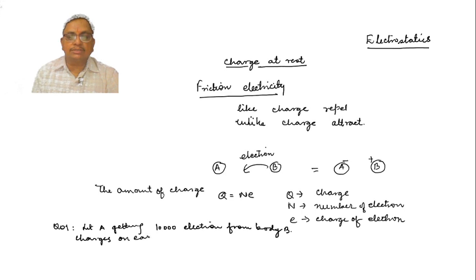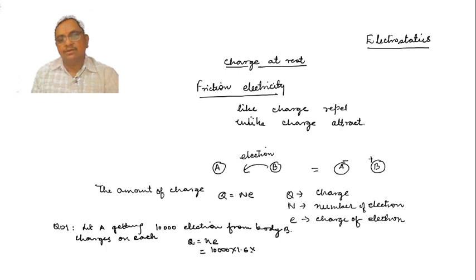You can use the simple formula Q is equal to Ne. Put the value 10,000 and the charge of an electron, 1.6 into 10 to power minus 19 coulomb. When you solve, the charge will be 1.6 into 10 to power minus 15 coulomb, negative on A and positive on B.